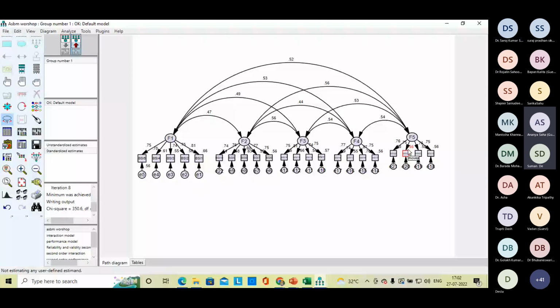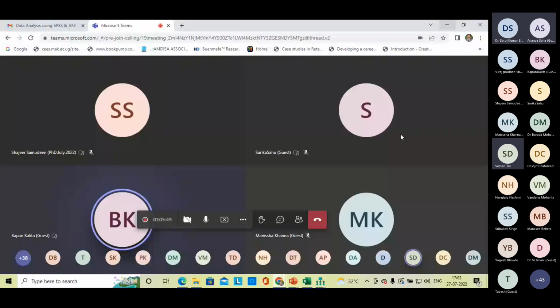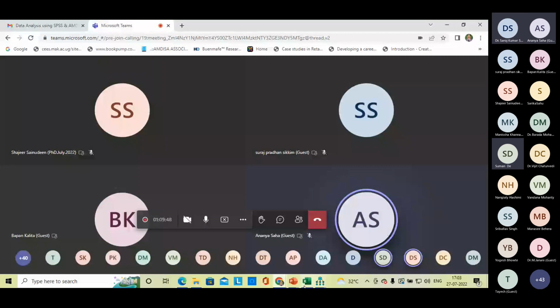Divided by 4. How much is it coming? 0.755. Okay. So all the values are above 0.5. Look at the values. All the values are above 0.5.